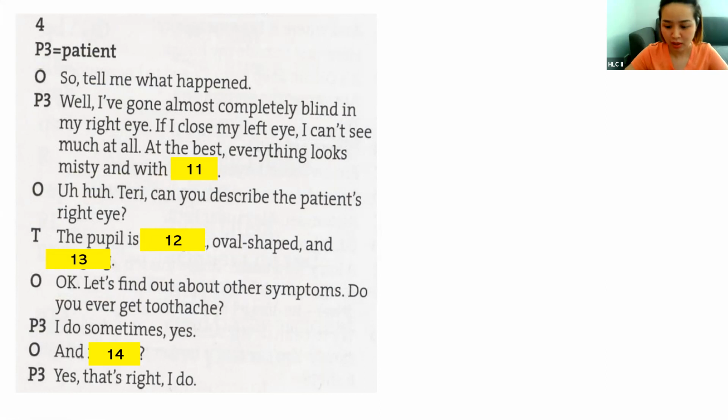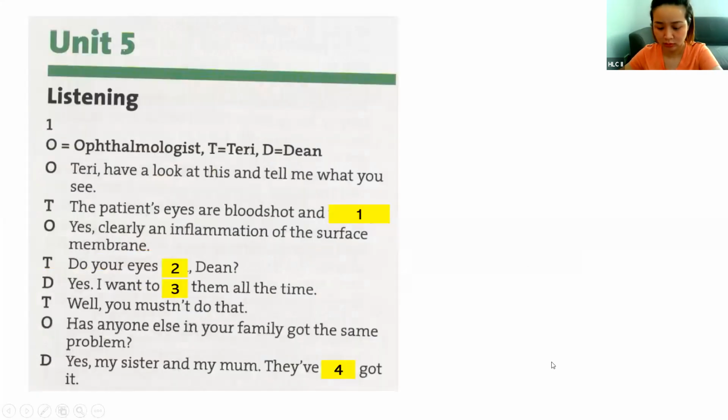Okay, so I'm gonna show you the answer. So patient number 1. The first word that is missing is watery. The second one, do your eyes itch?